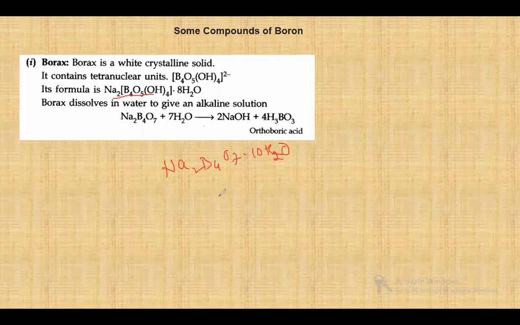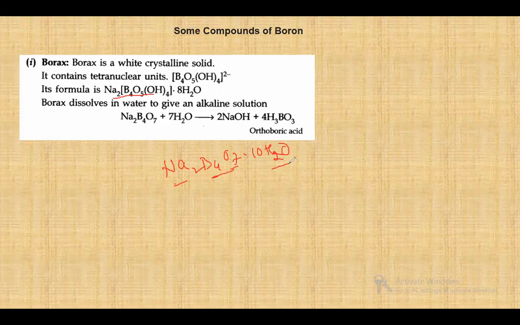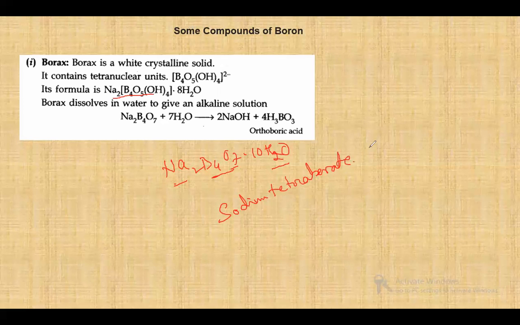This is also written with Na as sodium, B as boron, and O as oxygen. This is borate, this is sodium, and this is 10 water molecules. The name of this compound is sodium tetraborate decahydrate.